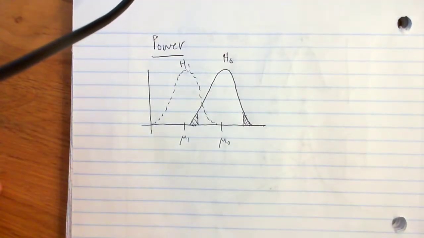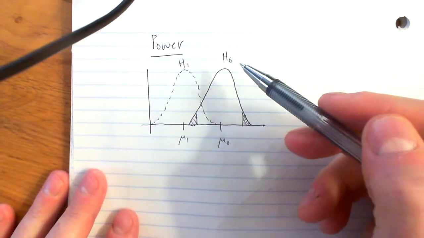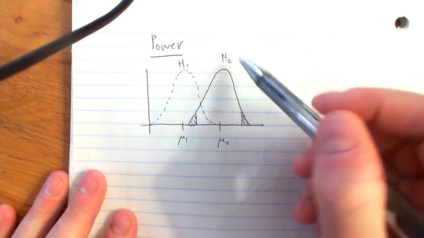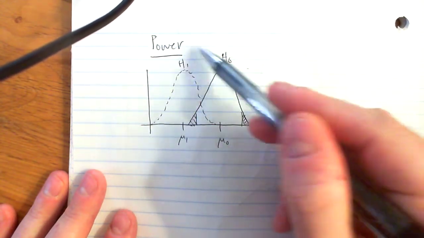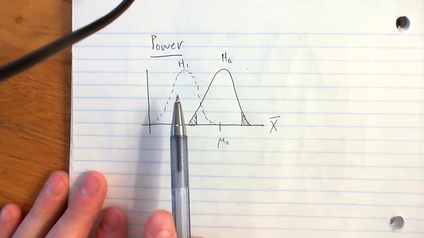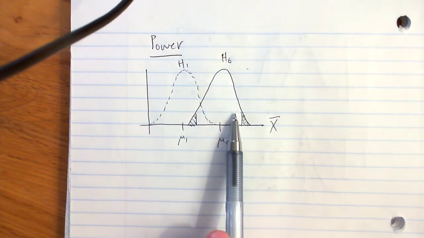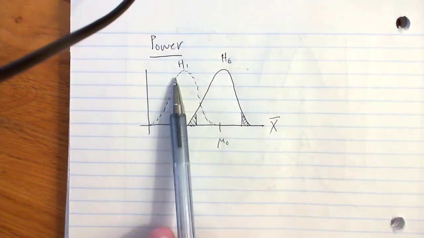And we're watching her conduct the experiment, and we're saying, how likely is she to reject this distribution and realize the data is actually coming from this distribution? Right? Realize her x bar is actually coming from this x bar distribution, not from this x bar distribution. And that's what we're asking when we calculate power.